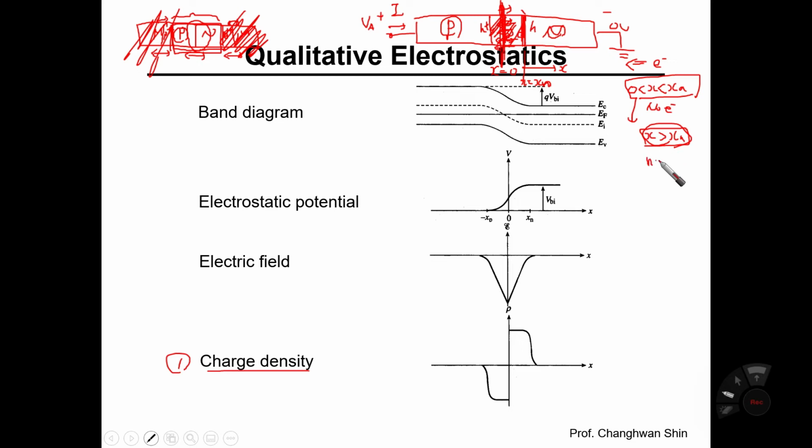That is the reason why n is equal to Nd, and that is Nd plus, because we have assumed full ionization. So we're going to keep an eye on this depletion region.